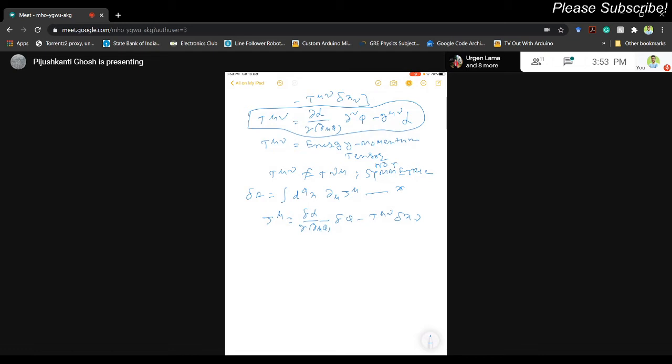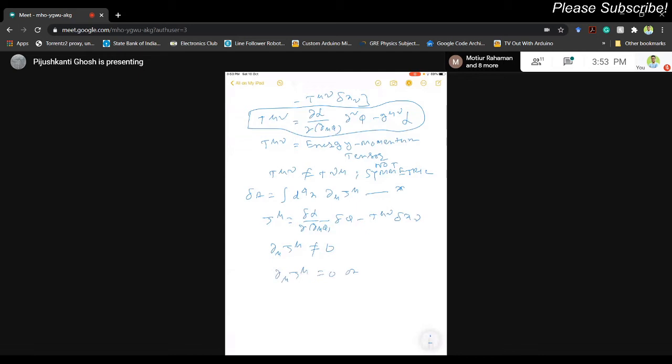However, del mu J mu is not equal to 0. Del mu J mu is equal to 0 only if delta A on the left hand side is equal to 0.